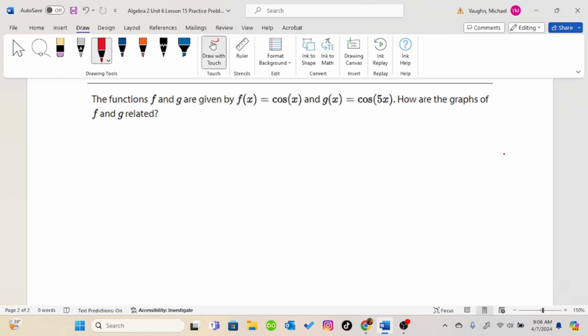The functions f and g are given by f of x equals cosine x and g of x equals cosine of 5x. How are the graphs of f and g related? This is very similar to the previous problem. Both have an amplitude of 1.